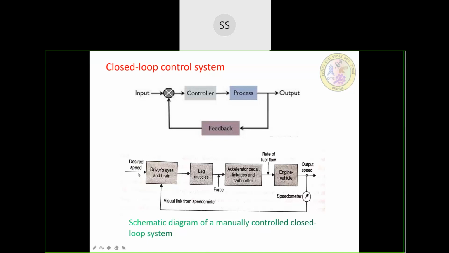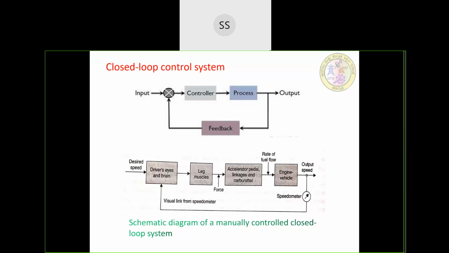In order to achieve that, all the elements involved, known as controlled elements, are working. Whenever there is a difference between the desired output and the obtained output, that information is conveyed back to the input.